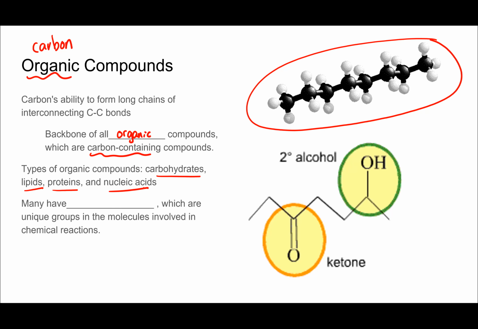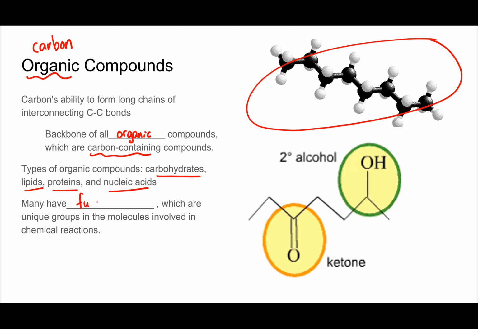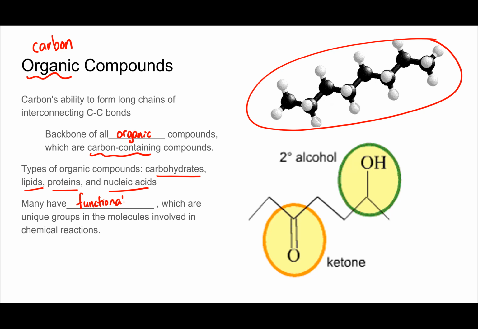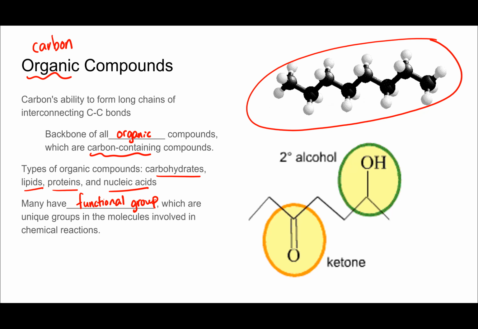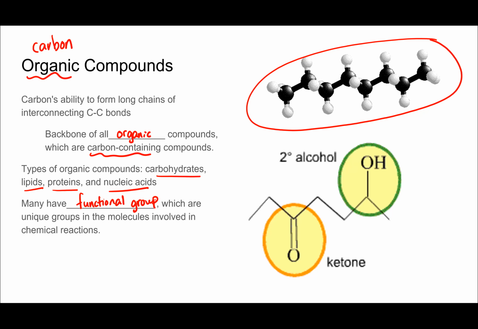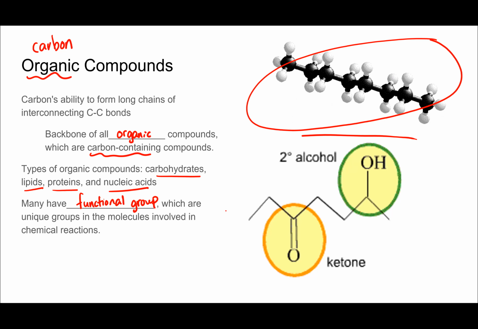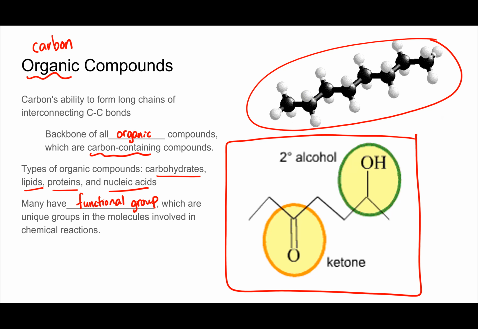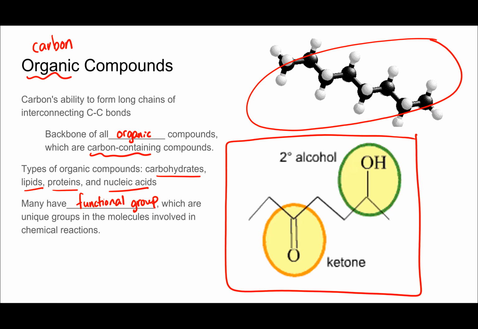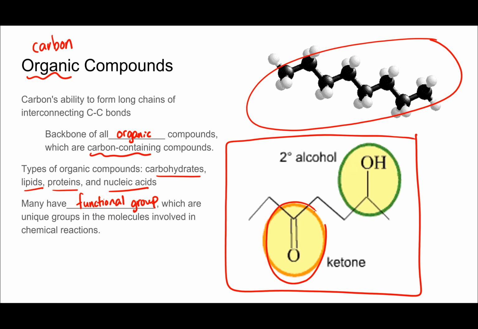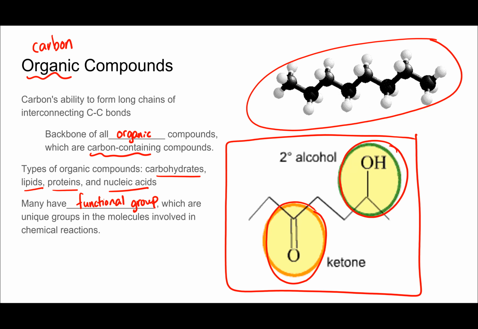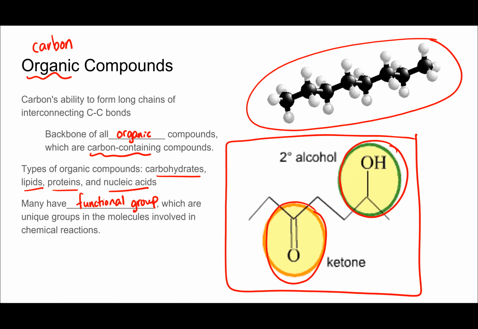Many of them have what we call functional groups. Functional groups are groups that are involved in chemical reactions. On the right, we have an organic molecule called ketone. Ketone has 2 functional groups, which are circled. We're going to go over what these functional groups are.